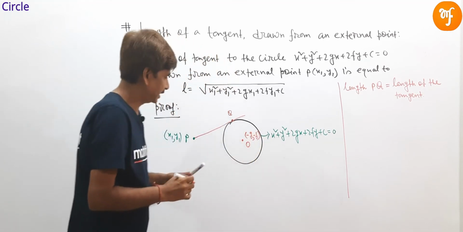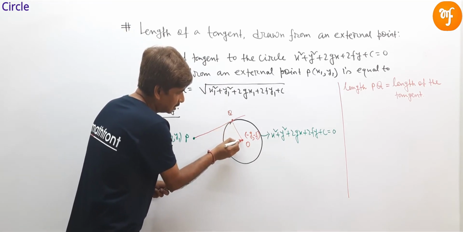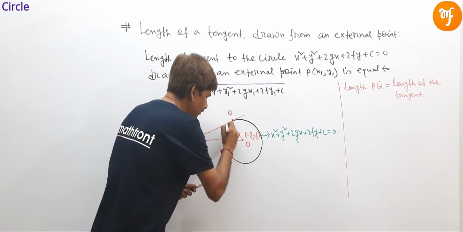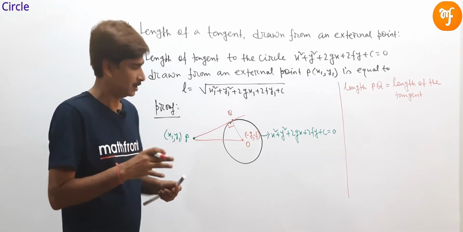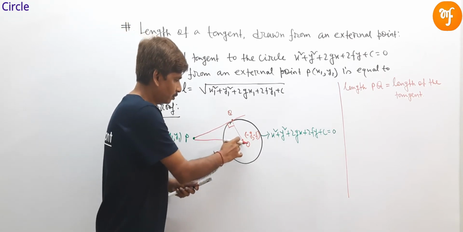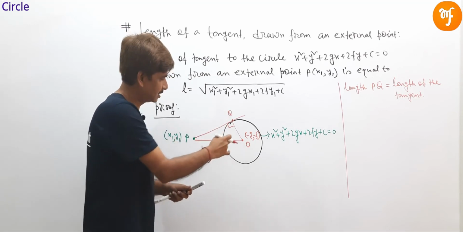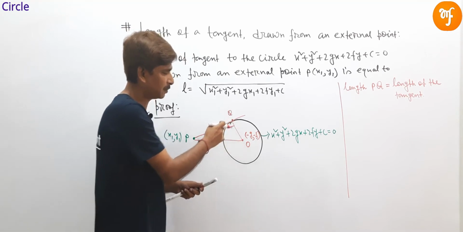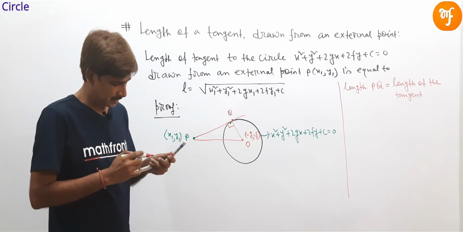Okay, now complete the triangle by joining OQ and joining OP. So obviously it is a right angle triangle with the right angle at Q. OP is the hypotenuse. You can consider PQ as the base and OQ as the perpendicular. Okay. Now what is the length of the perpendicular drawn from O to Q? It is simply the radius of the circle.